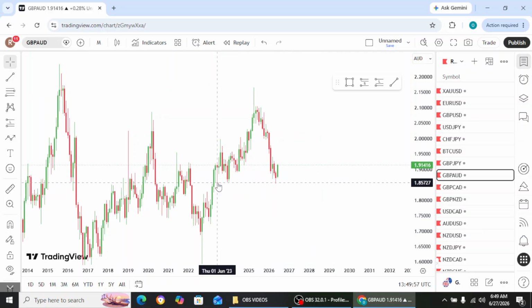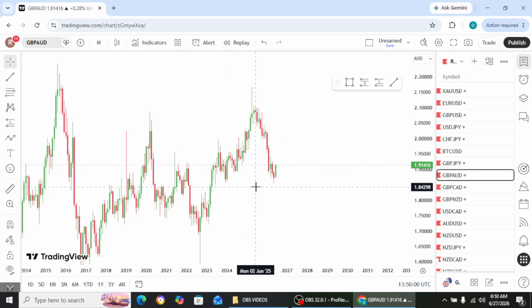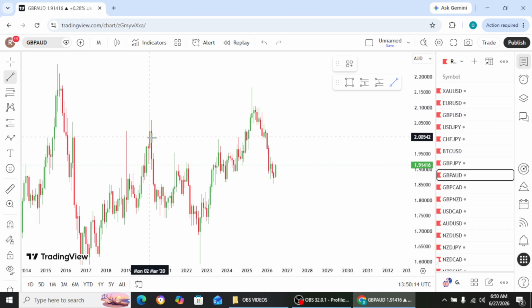Because if you check this whole move, it started from this level, break, retracement, break, retracement. There's a level of structure here. Let me draw it. It may not be too obvious.